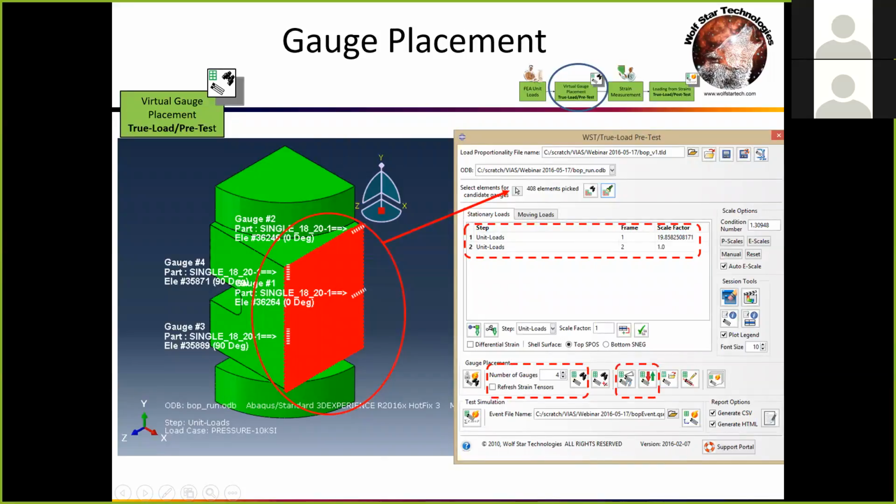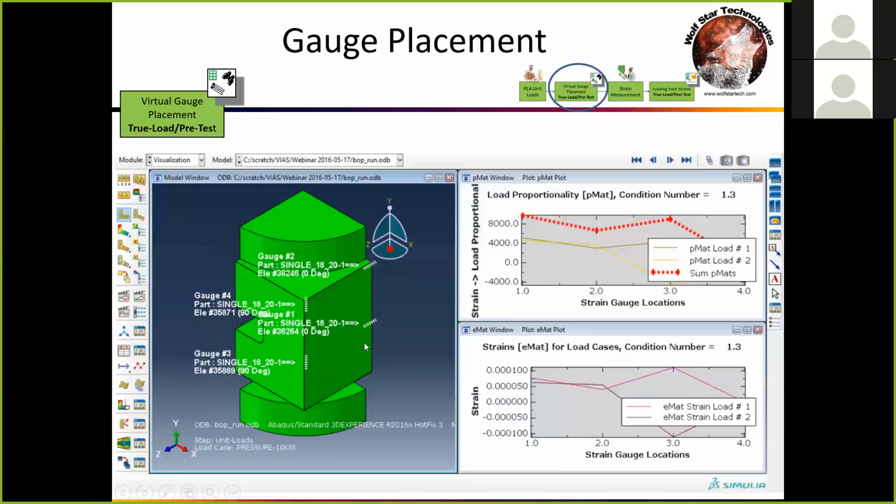And I did a little bit of tweaking, a little bit of repositioning. I basically made sure the strain gauges were either parallel or horizontal, just to make them nice to lay. So basically we did a little bit of reorienting, and when we're all done, we've got strain gauges that are laid out nicely on the structure. We've got an excellent condition number. So condition number is a mathematical thing for True Load that we like to take a look at.